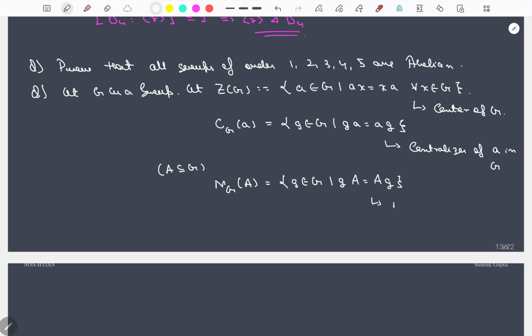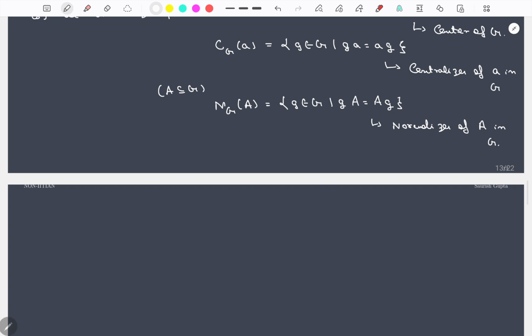It's called the normalizer of A in G. And observe that if A is a singleton set, then the normalizer is exactly the centralizer.